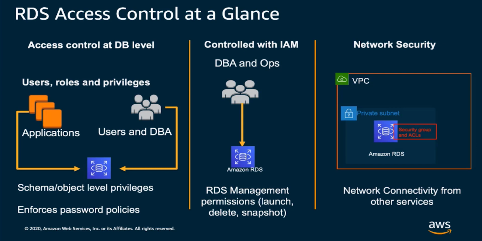The other access control we have is the Identity and Access Management service. Using that service, DBAs and DevOps, whoever manages the databases and infrastructure, you can control permissions of who can create RDS instances, who can initiate a snapshot, who can delete the RDS instances, who can configure read replicas, who can configure high availability features, right?